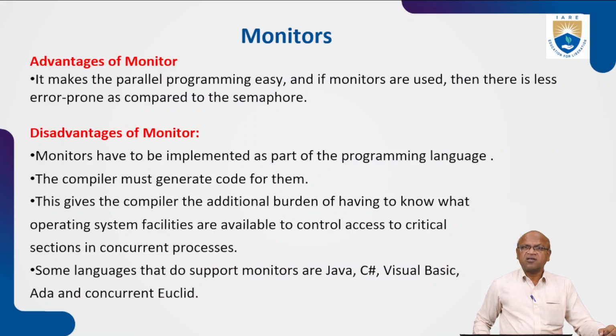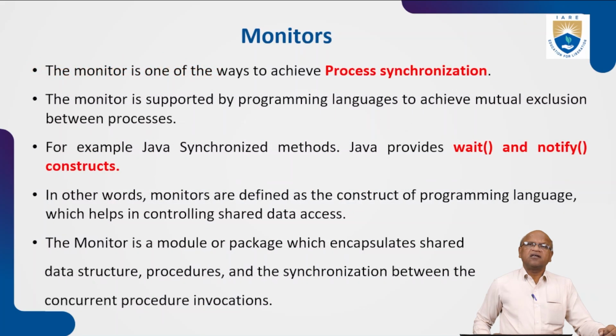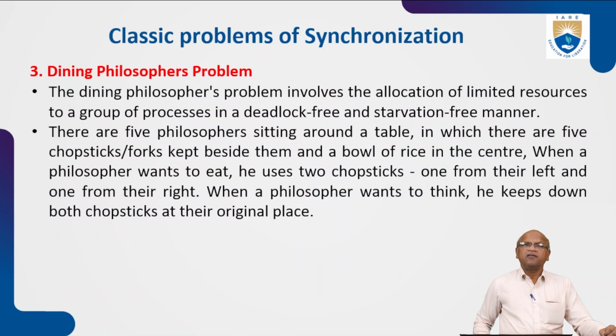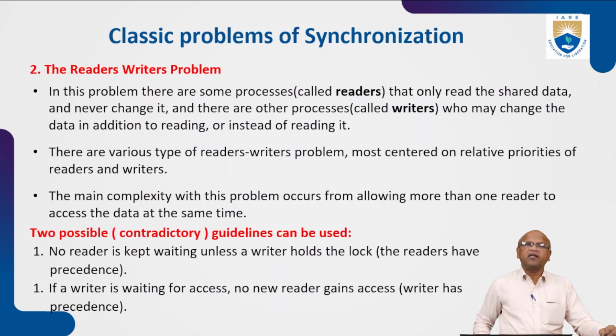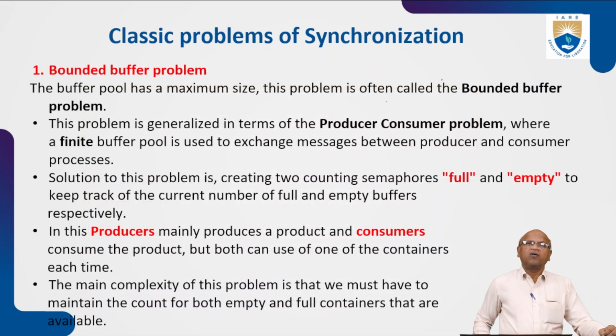So far, we have discussed critical section problems, monitors, semaphores, and classical problems of synchronization. These are so important: this is readers, bounded buffer, readers and writers, and the dining philosophers problem.